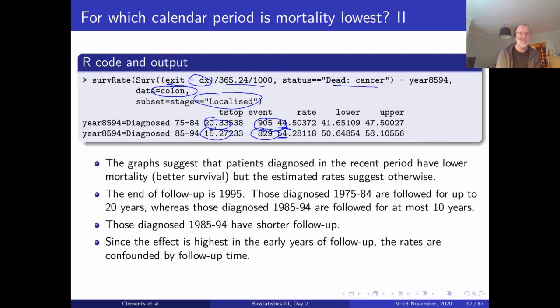So this rate here is actually higher than this rate here, which is inconsistent with the survival curves. Those diagnosed in the later calendar period have got less follow-up, and since the effect is highest in the early years of follow-up, the rates are confounded by follow-up time.